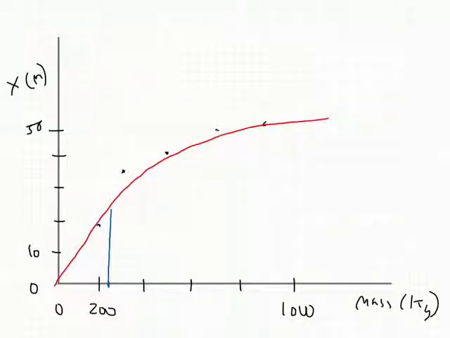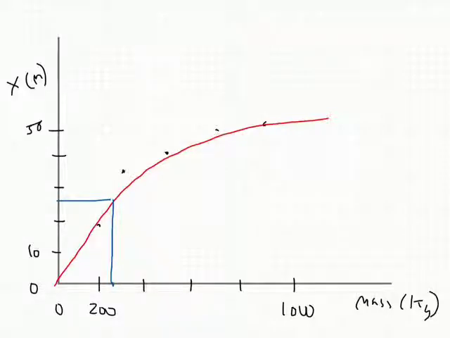Actually, I'm going to move that a little bit. It's a little bit farther out, more like there. So we trace that up, and we get there, and we trace it over, and since each of those spacings on the y-axis is 10, we predict about 27 or so meters.